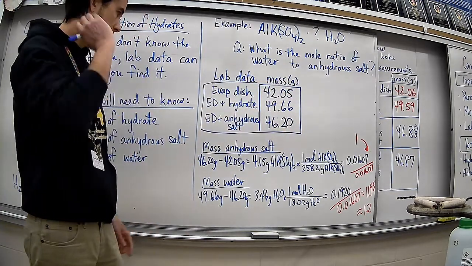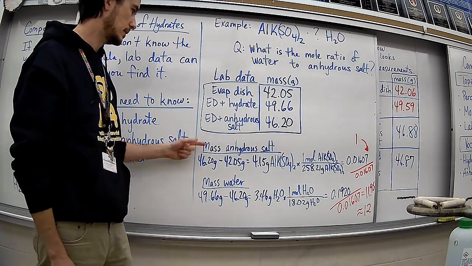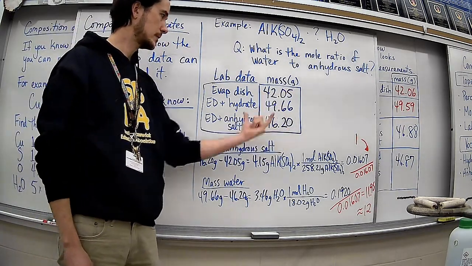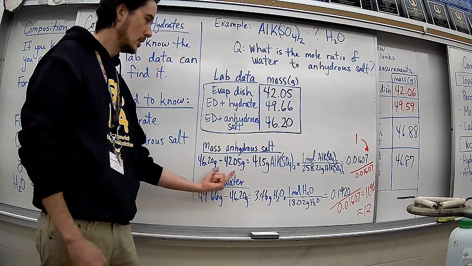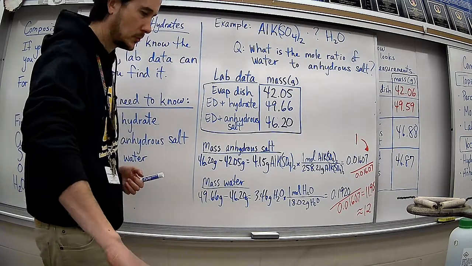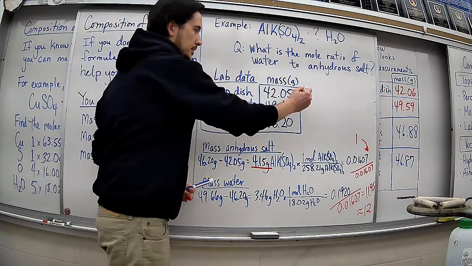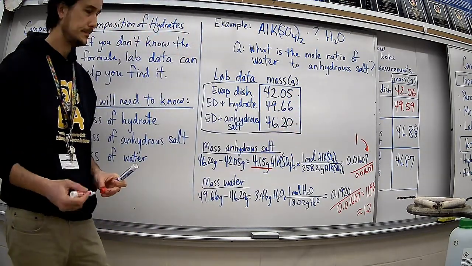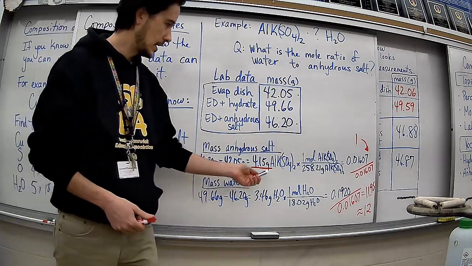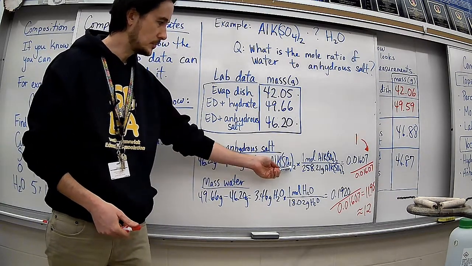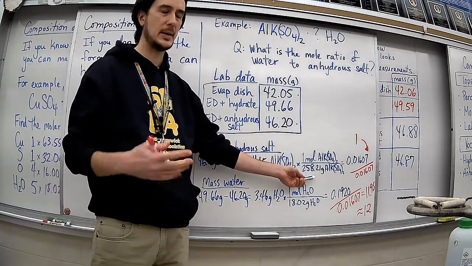So the mass of the anhydrous salt, if we take this value and subtract the 42.05, we get, let's use a red, 4.15. Right? So it's the difference between those two. And using the molar mass of aluminum potassium sulfate, you should come up with about 258.